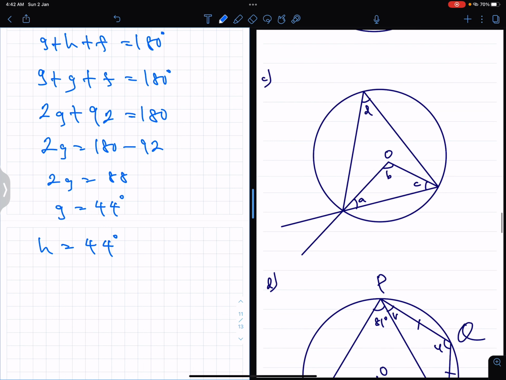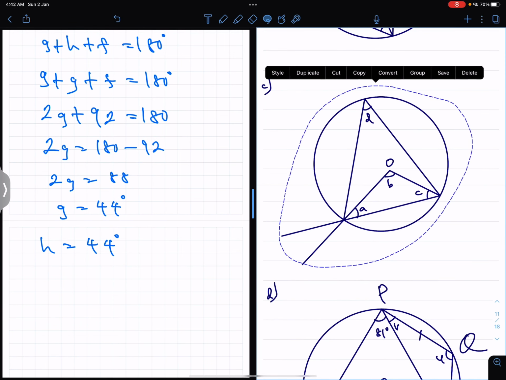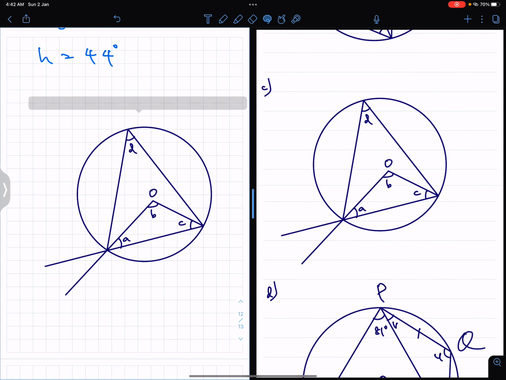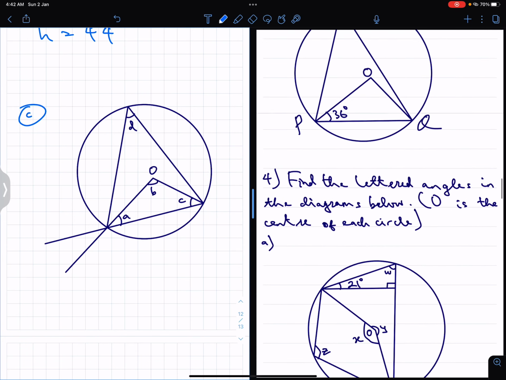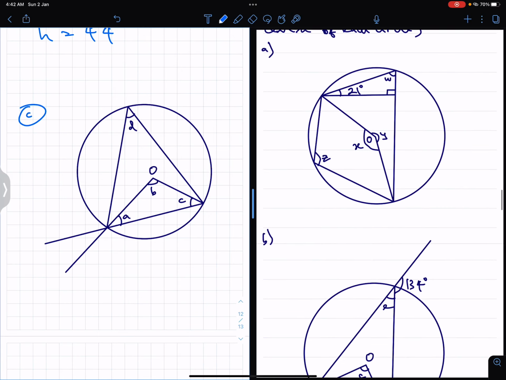Now to the next, which is 4C. Bringing that here, 4C. Now angle D. Okay. Oh, it looks like no value was given here. Number 4C. The question says find the lettered angles in the diagrams below. How do we find that?